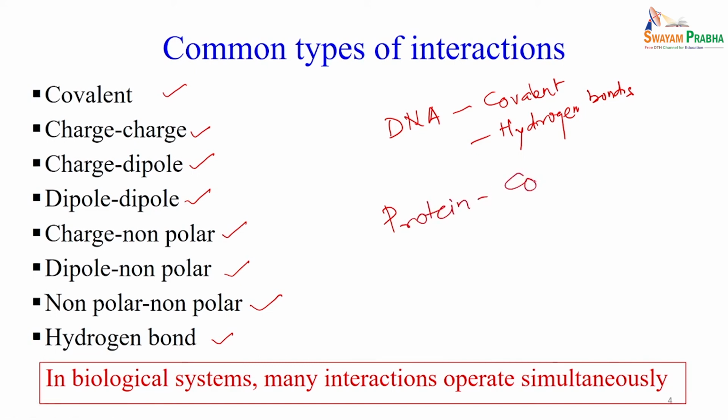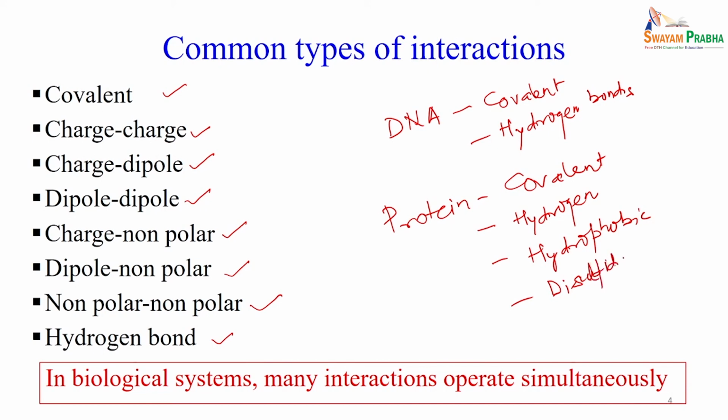It starts with the covalent dipeptide linkage followed by the hydrogen bond. It has hydrophobic interactions, and also it has disulfide bonds. So, typically for biological systems, many of these interactions operate simultaneously.